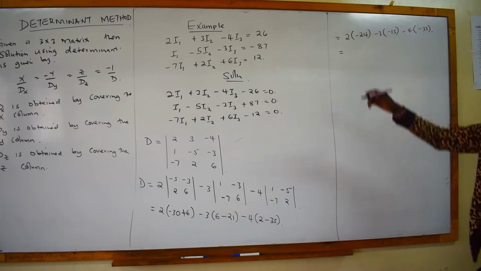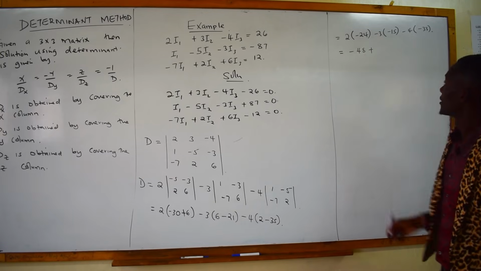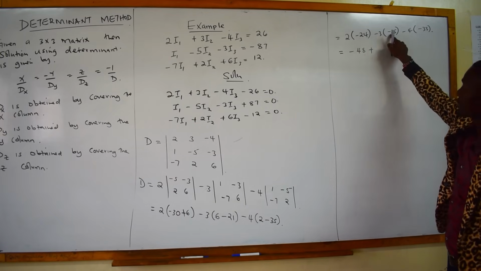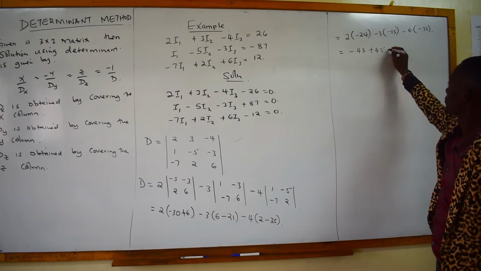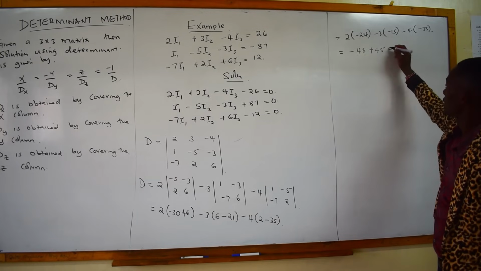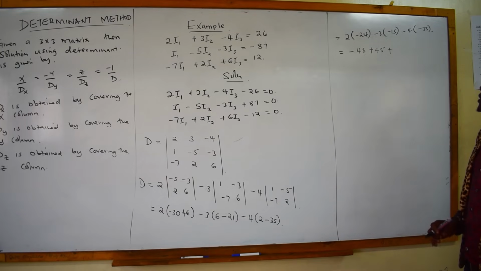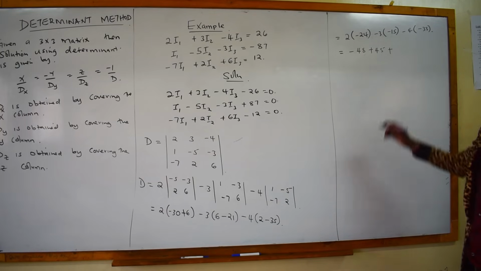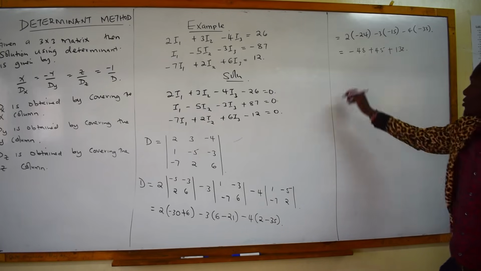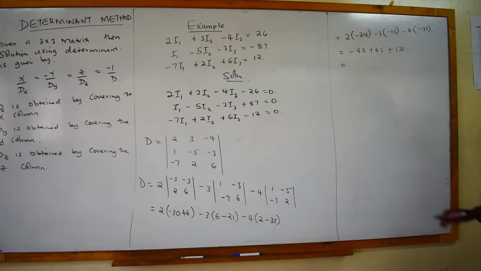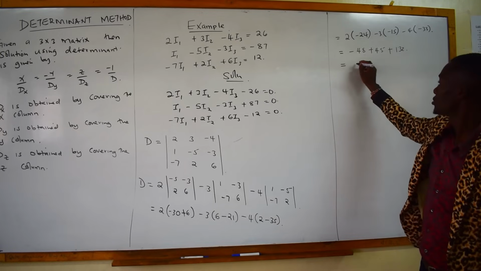So in our case here, we shall have negative 48. Then plus, because we have a negative and a negative, we shall have 45. Again a negative and another negative here, so we have a positive there: 33 times 4 gives you 132. So when you add all these, you have negative 48 plus 45 plus 132, which gives you 129.